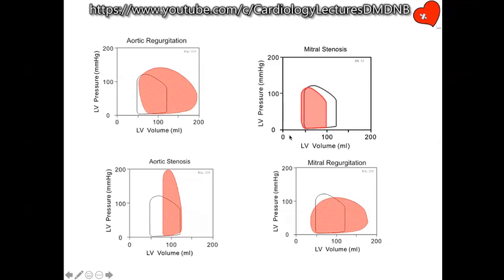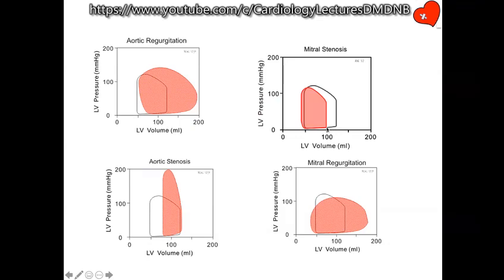Now, here, the diastolic filling is impaired. The LV is smaller than normal. LV end diastolic volume, which is normally 110, 120, is reduced to 100.